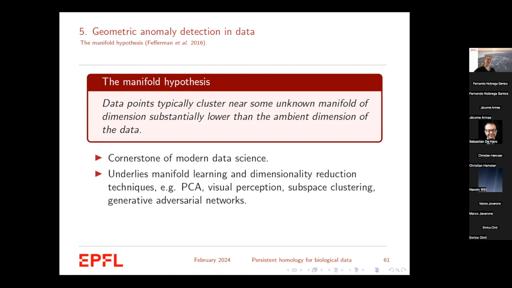It states that data points typically cluster near some unknown manifold of dimension substantially lower than the ambient dimension of the data. It's a cornerstone of modern data science. It underlies manifold learning, dimensionality reduction techniques, PCA, visual perception, subspace clustering, generative adversarial networks, and many more.